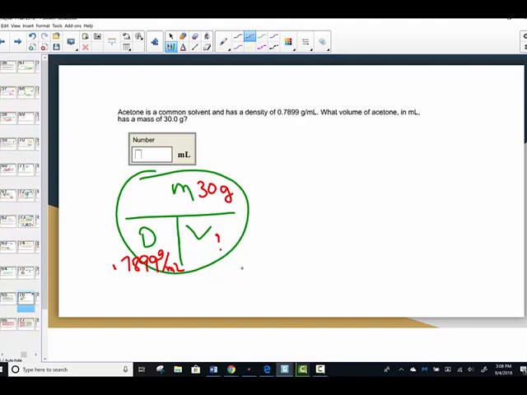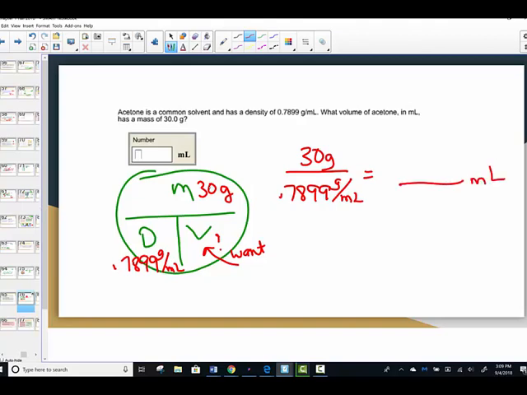Well, this is what we want this time. So I can see the math places 30 over the density. The gram units would then cancel, and you're left with milliliters as an answer. So 30 over 0.7899.